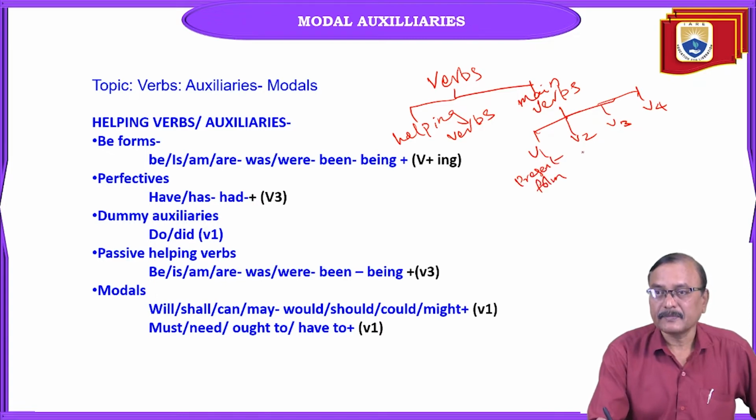V2 is the past form. V3 is the past participle. And V4 is the present participle.